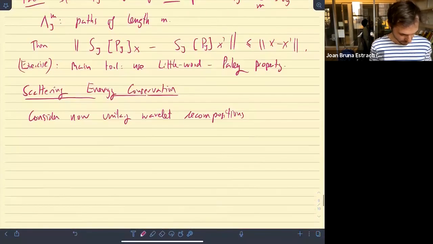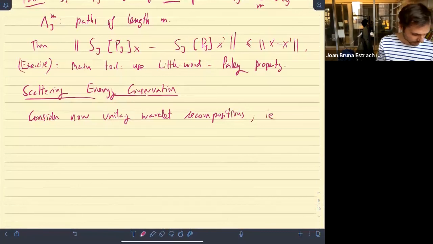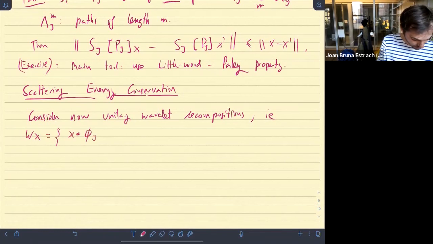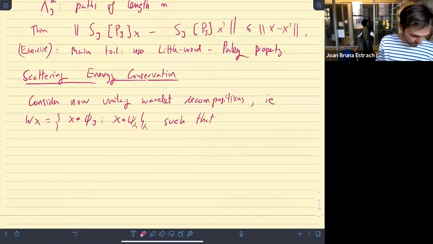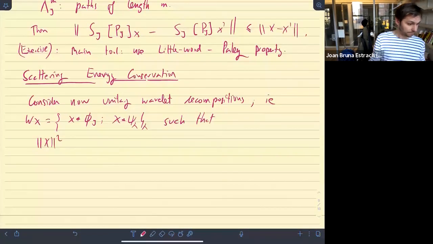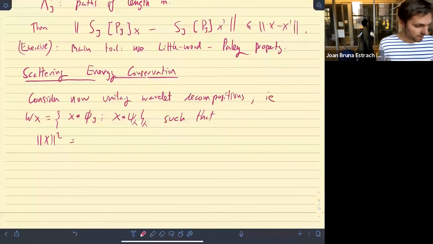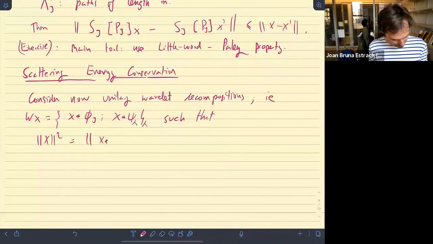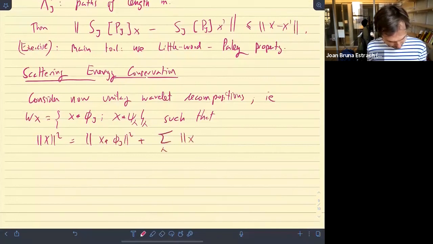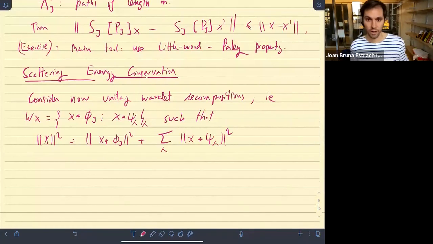Let me make it precise. A unitary transformation is a linear transformation such that the Euclidean norm is preserved. Think of it as a unitary linear transform.